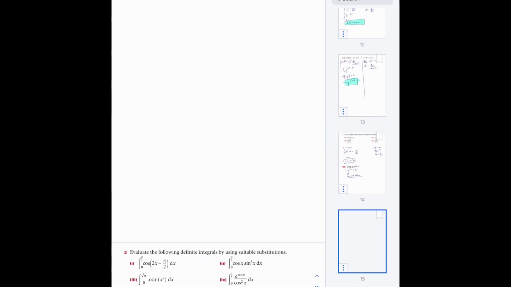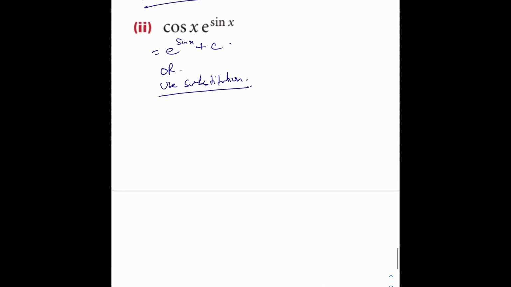Let me just add a page here. Okay, you can write, let u equals e to the power sin x. du upon dx is going to be e to the power sin x into cos x. So dx is going to be du upon cos x e to the power sin x.